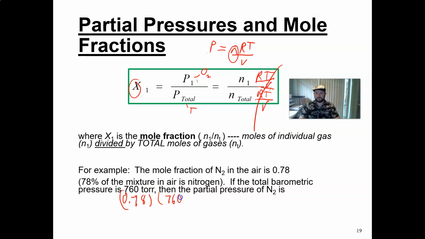We got 760, and so it would be 593. Really should only have 2 sig figs, so let's say 590 torr of the atmosphere is contributed by nitrogen. The other stuff is from the oxygen and the water and a little bit of argon, and a few other things in trace amounts, CO2 and so on. So this is partial pressure.